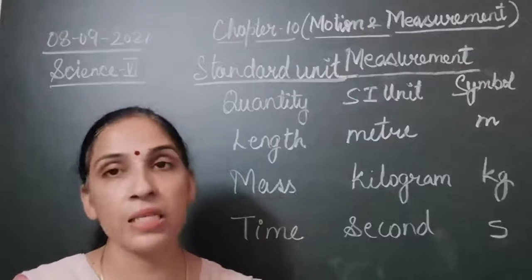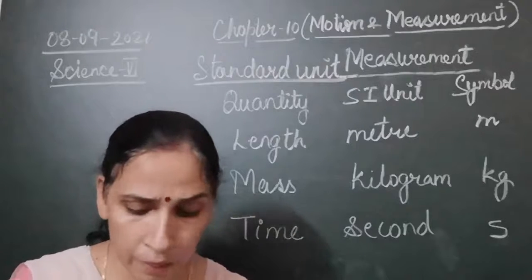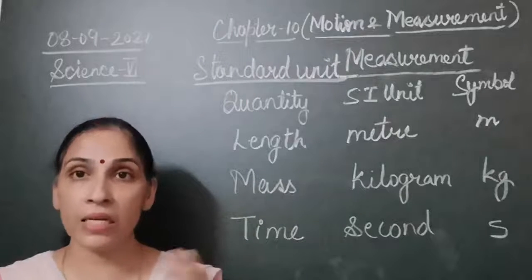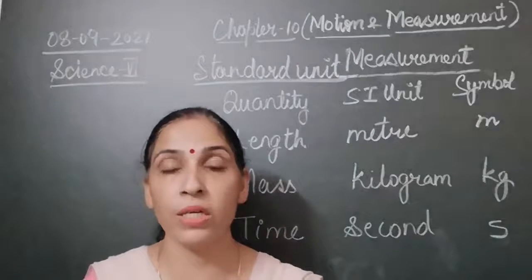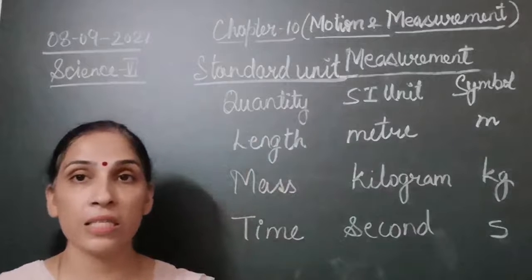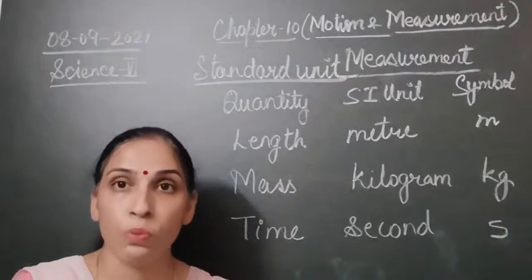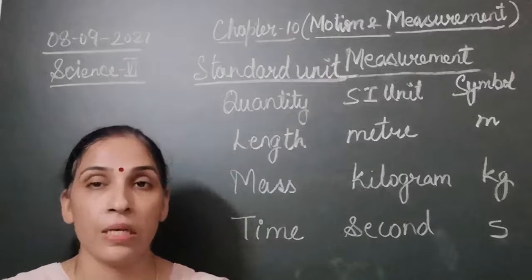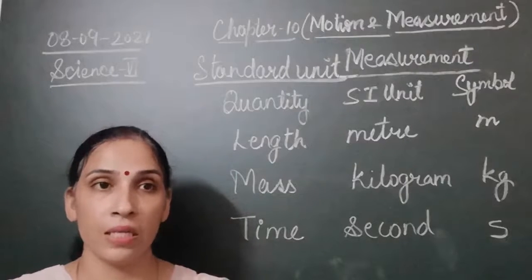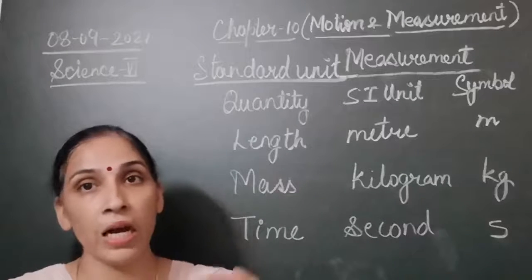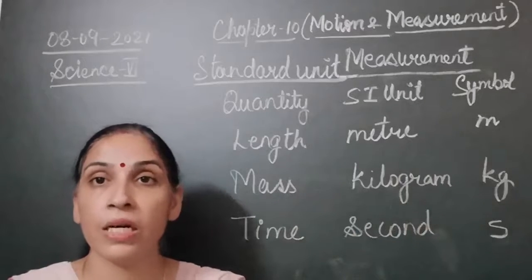They realized this when they started exchanging goods and things with each other. They found that things were not coming in the proper amount which they had asked for, because in our country we were using one unit of measurement and in other countries they were using a different unit.